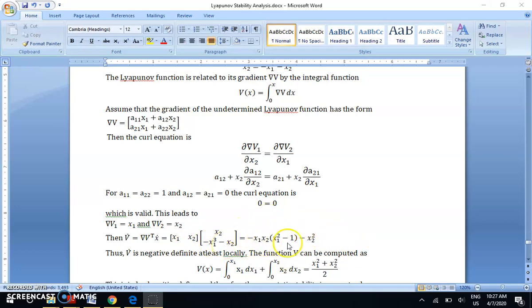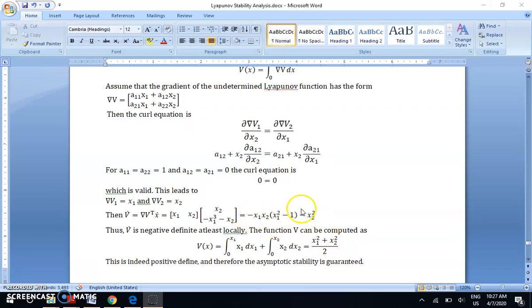So the resultant expression for V dot is minus x2 squared into (x1 squared plus 1)... Now we can see that at least in a certain region around the origin, this function would take negative values. So it means that V dot is negative definite at least locally.